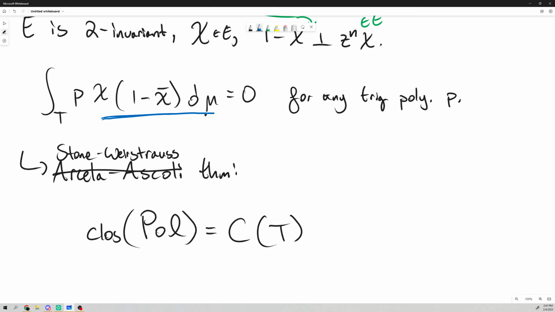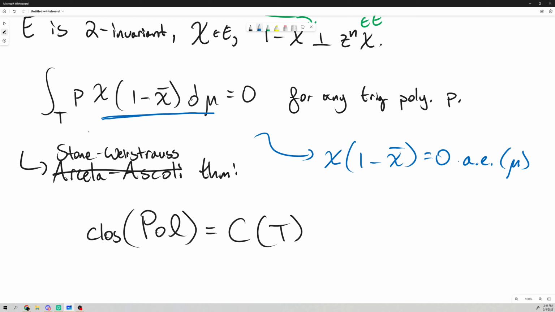The result of this fact being 0 on this dense set is particularly that chi times 1 minus chi bar is equal to 0 almost everywhere with respect to mu. That's the result we get from this.